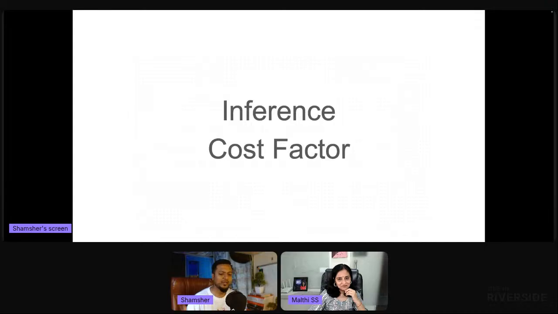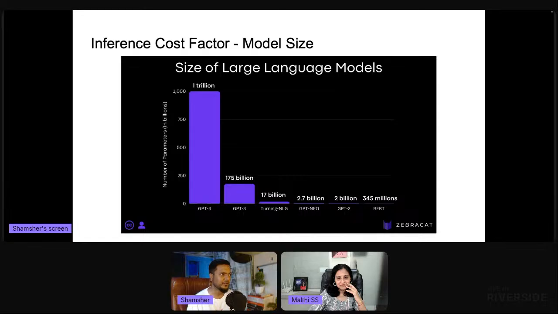Now, I think I've already answered this, but I also want to explain what factors are considered in the inferencing cost. There are three factors, basically. The first factor is the size of the model. GPT-4 has approximately a 1 trillion parameter model.